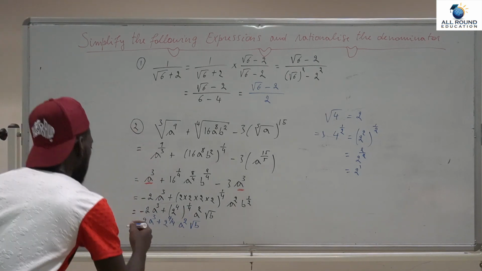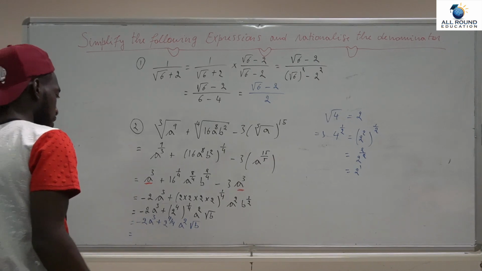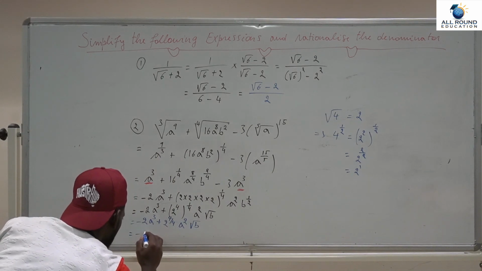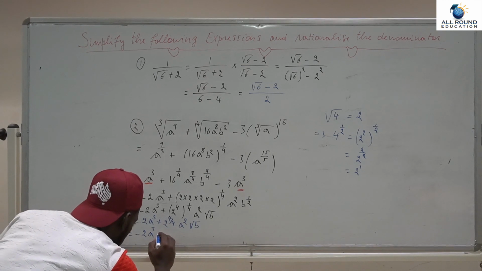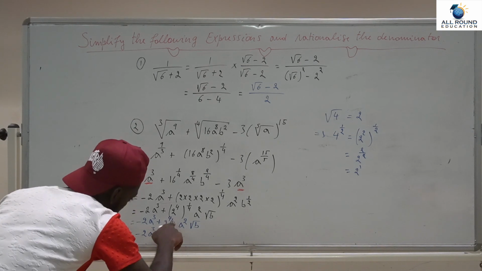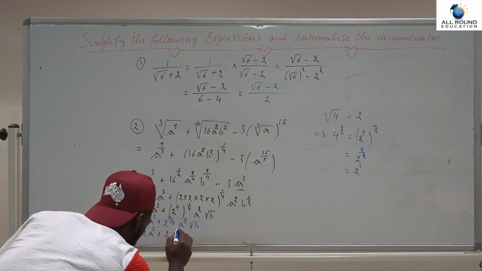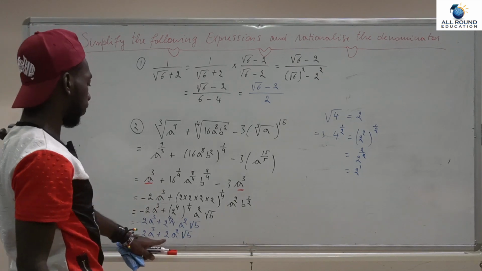And my next line, which is my final line actually, is just minus 2a cubed, right, plus, because this 4 on 4 is 1 and 2, so 2a squared root b, right? So that's our final answer, guys.